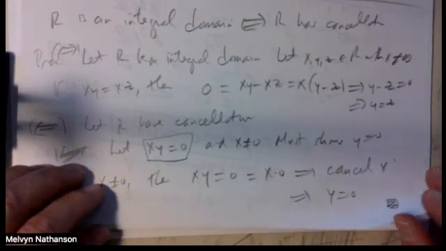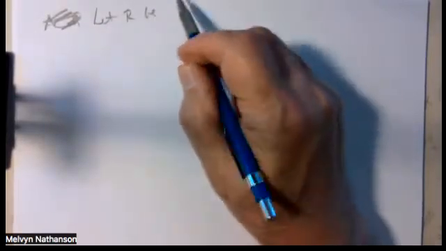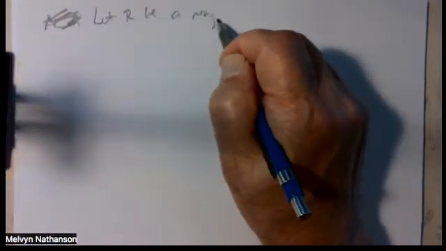So we've defined one type of ring, which is an integral domain. There's another type of ring, which is called a field. So let me just make a few more definitions. Let R be a ring.